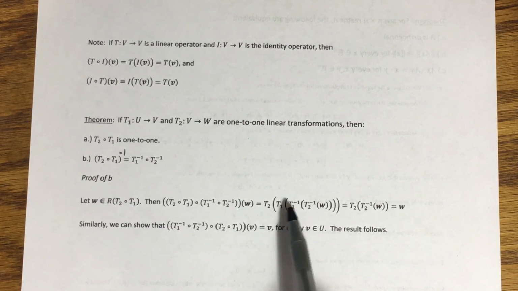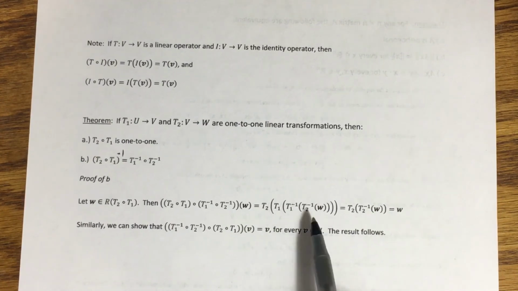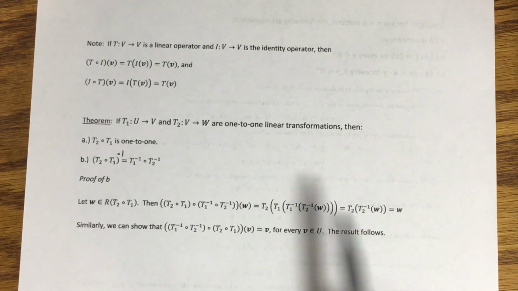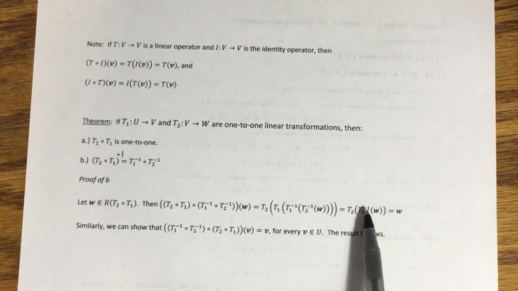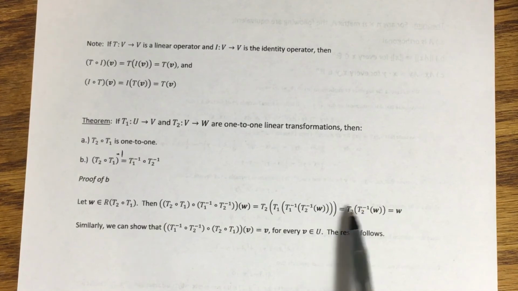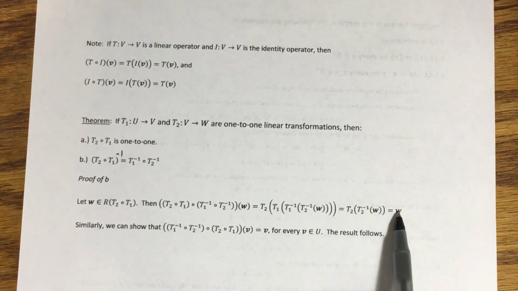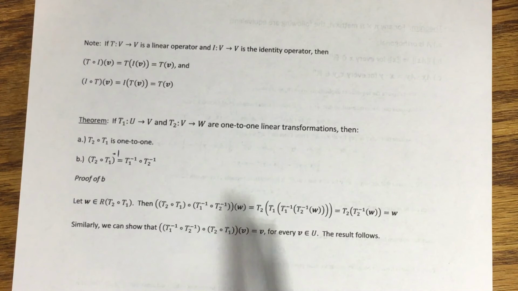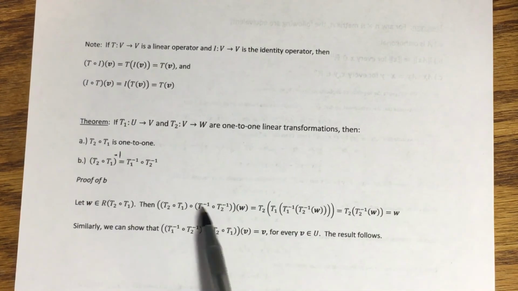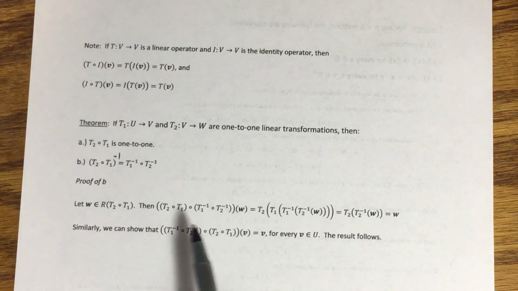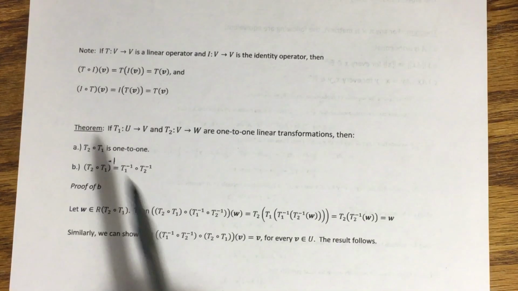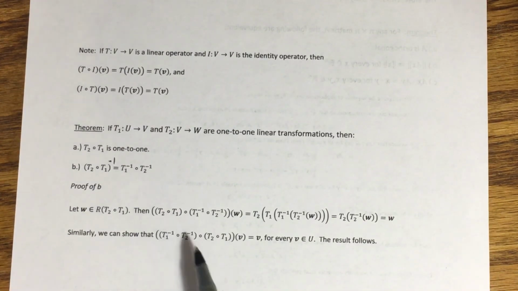So I'm going to lose these two linear transformations, and then this T2 inverse of W is going to act as the input for this final transformation on the outside, T2 of T2 inverse of W. Again, because these are inverses, they, in a sense, cancel each other out, leaving me with W. So that means that this composition is the identity transformation, which means we're halfway there to showing that this is the inverse of T2 composed with T1.